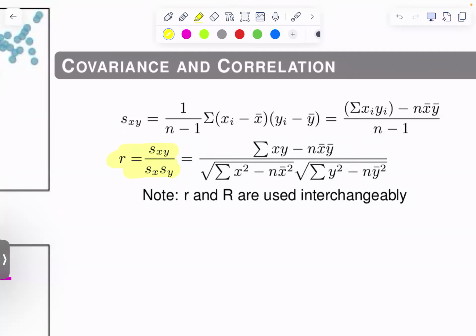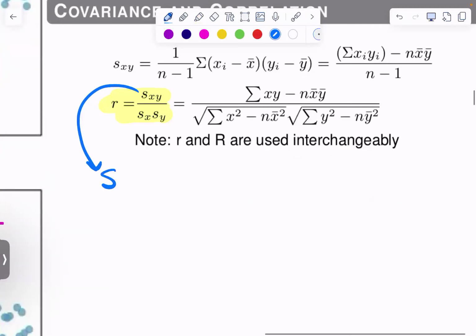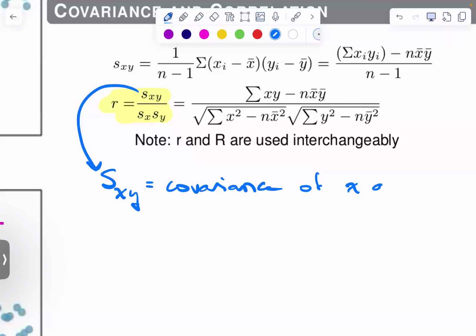We haven't talked about the covariance, and I suspect that it's introduced later, but S subscript X, Y is called the covariance of X and Y. But I also want to highlight that lowercase r and capital R are used interchangeably.